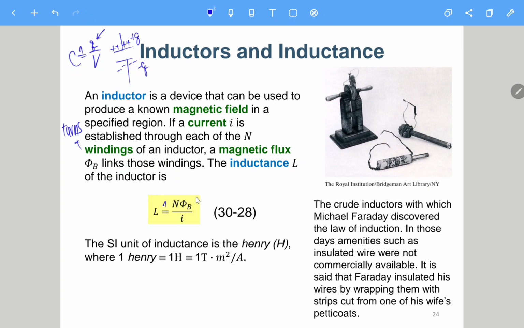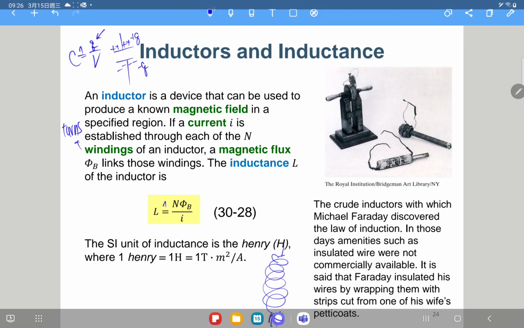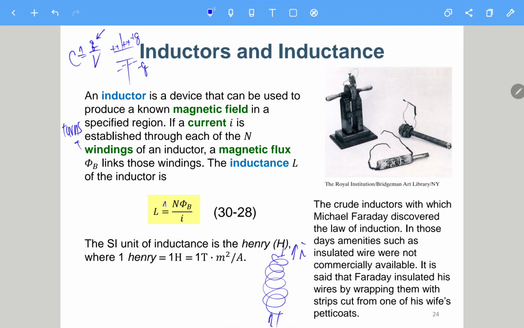And here suppose we have an inductor, or you can consider it is nothing but a solenoid. I don't know what is the difference between them. So actually it is like a solenoid or an inductor. And then if we provide some current to it, of course it will just go through, and there are totally n windings or n turns.